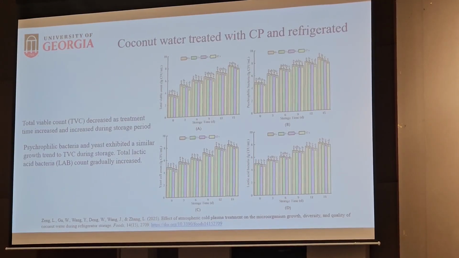As an example of treatment of coconut water, they look at total viable counts, and they decrease as the treatment time increases, and they also restored. The only thing you'll notice, in some of these treatments as you increase the storage period, the microbial counts will start increasing.